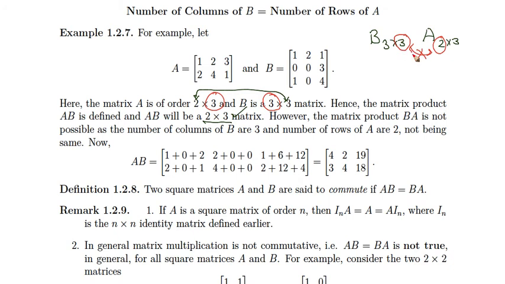So two matrices may be multiplied only on one side: A on the left and B on the right, but the other way is not possible. Only if this matches can we multiply. Right now it matches, so we can multiply A with B.